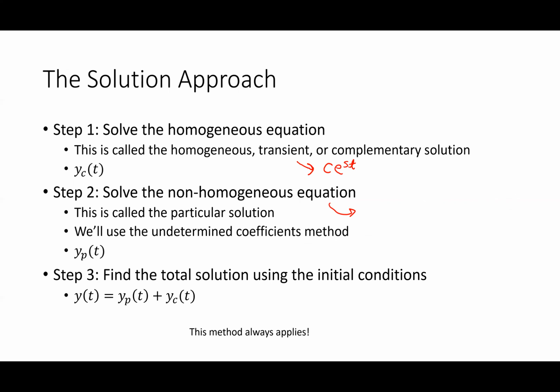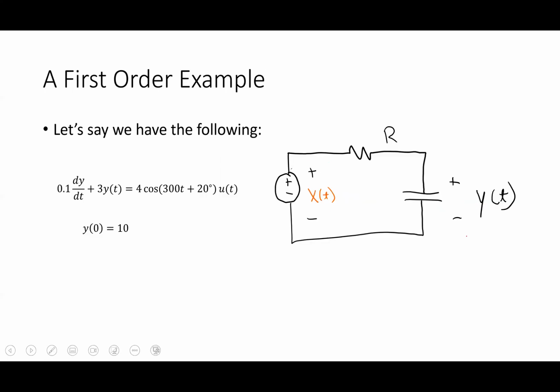This guy, I said, is going to be B cosine omega t plus, I'm going to write it as angle of B. There's a reason why I'm going to write it. Omega is going to be the thing I know. Omega will be known to me. And in this particular case, what is omega? 300.